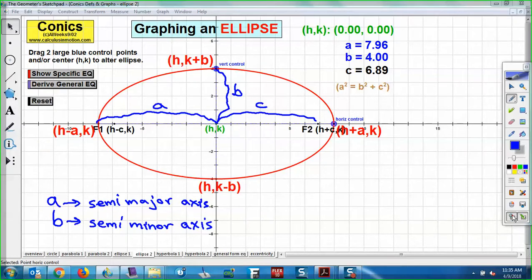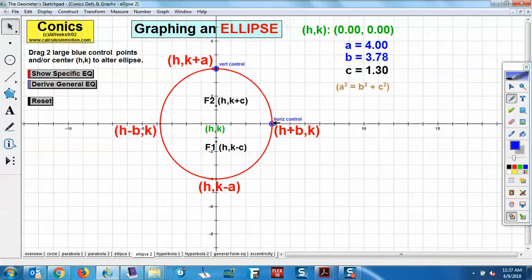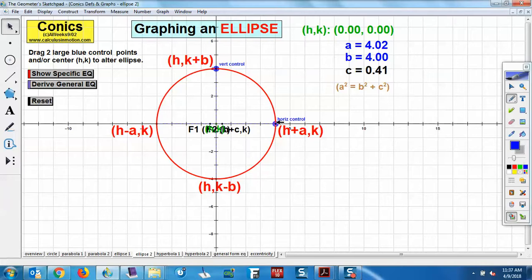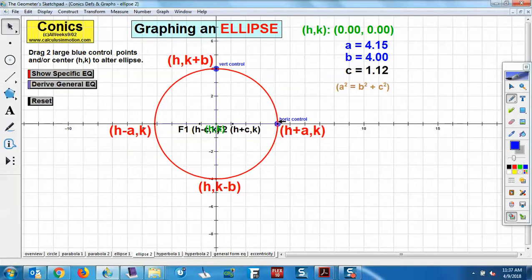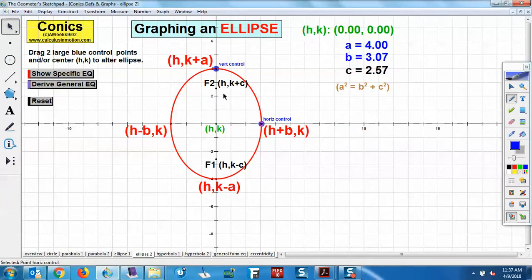So if I take this off here, so if I drag this point, right? So you get really close to being a circle, the focus gets in here. Now, all of a sudden you turn it this way. Now look where the focus goes. Now we'll draw this picture in a second. But now when the longer or the major axis is up and down, now your foci shift to being along here.